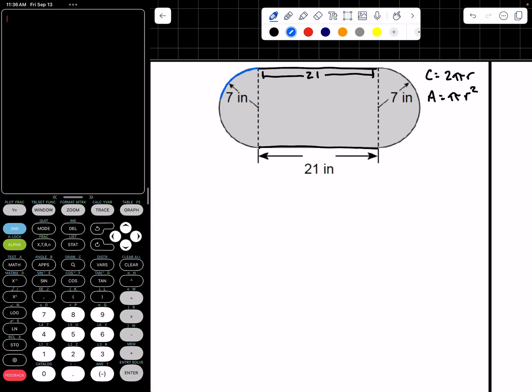Now what I need to do is solve, I'm doing perimeter first. So I need to solve for the circumference of the circle. I can use the formula C equals 2 pi r. 2 pi, my radius is 7. So 2 times 7 equals 14. And I'm just going to leave pi.